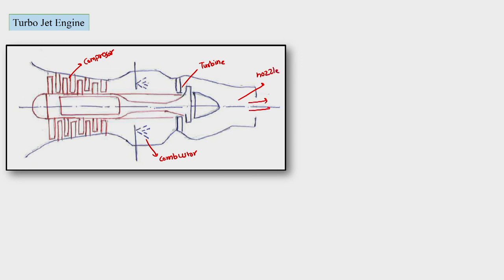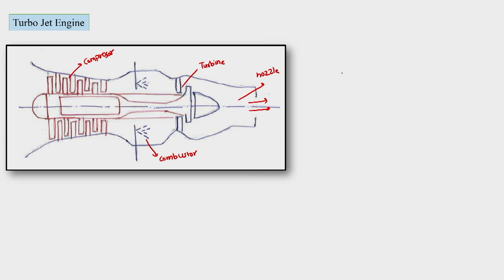So there is no propeller, there is no fan, so complete thrust is generated using the jet, and so this is a turbojet engine. This engine is generally used for high altitude and also at very large speed applications.